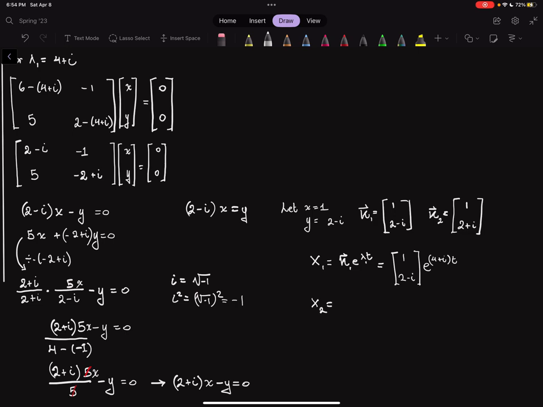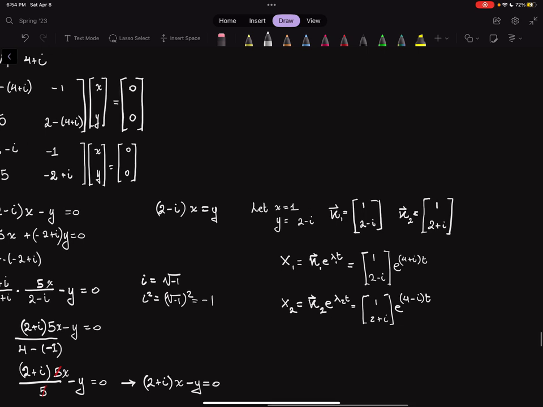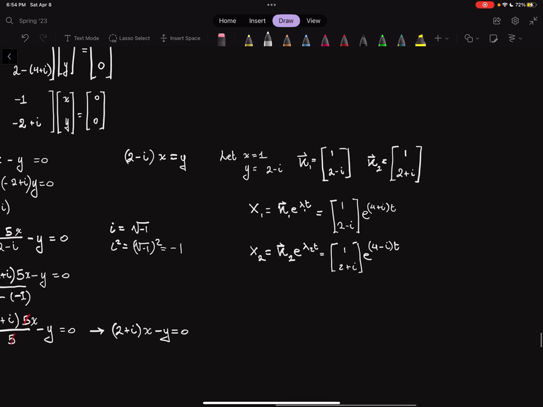And our second one would be k2 e to the lambda 2 t, which is (1, 2 plus i), the conjugate, e to the (4 minus i), the conjugate, times t. And then you would add them together and you leave them like this.